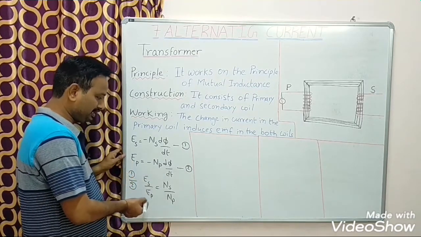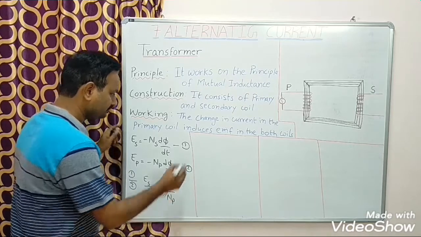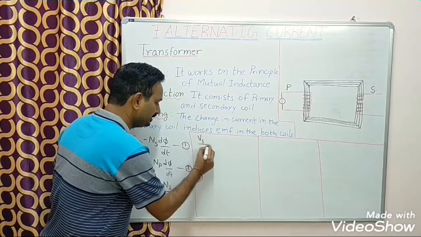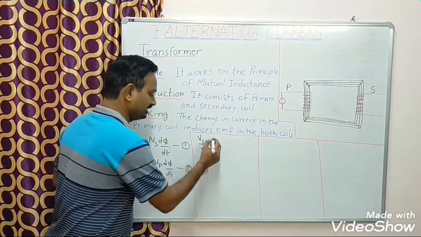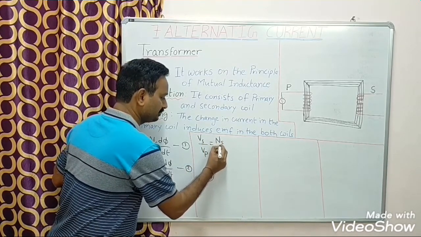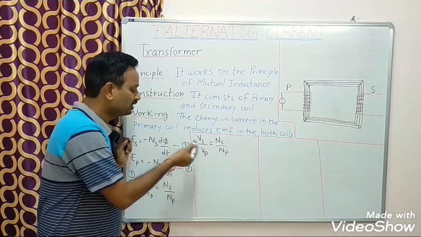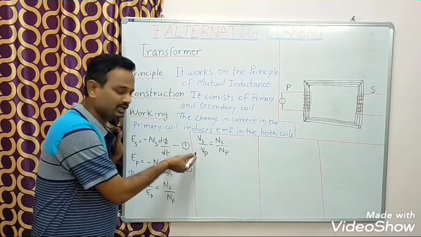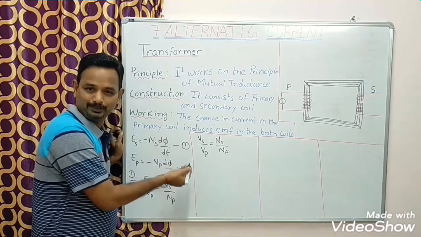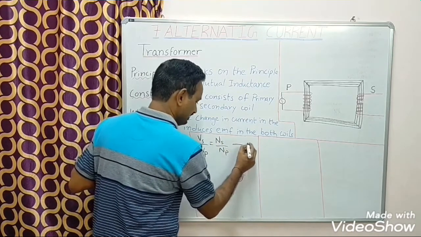Instead of ES by EP, I can write VS by VP equal to NS by NP. VS by VP means voltage across secondary coil by voltage across primary coil. This is equation 3.